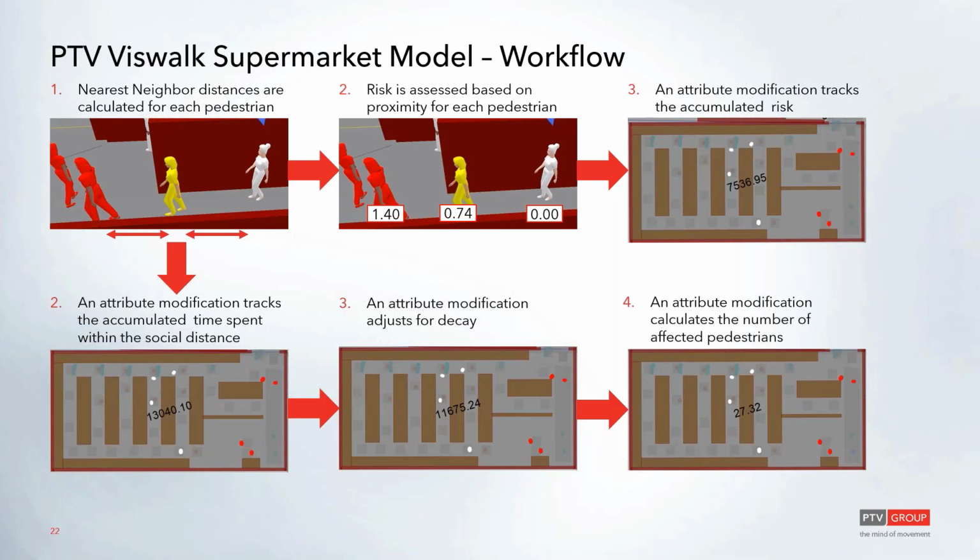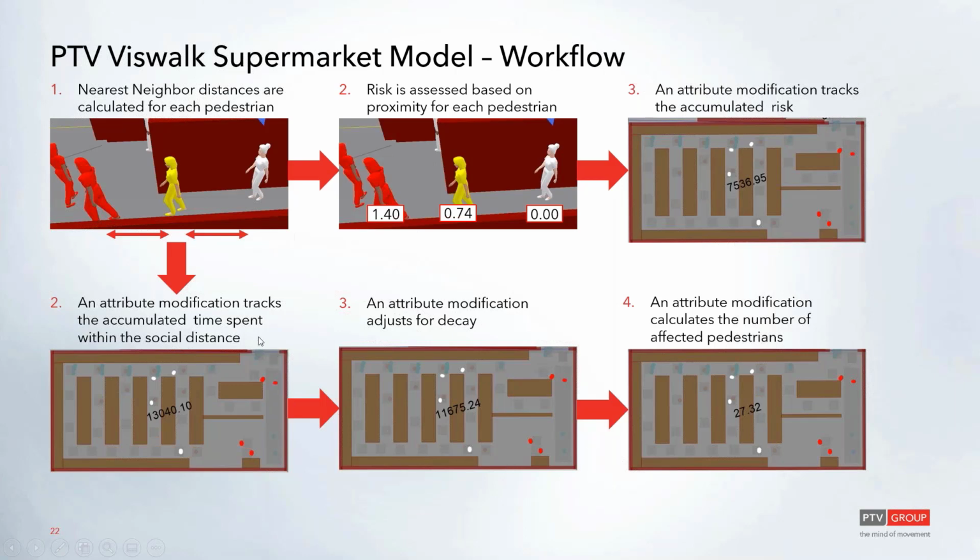Whereas the person that is yellow is within 2 meters of the person in front of them, so they're accumulating risk but at a lower rate. And then the person in white is outside of that 2-meter boundary, and so they are accumulating no risk. And then finally, we have an attribute modification that will sum up that risk that is accrued as people traverse through the various aisles in the store.